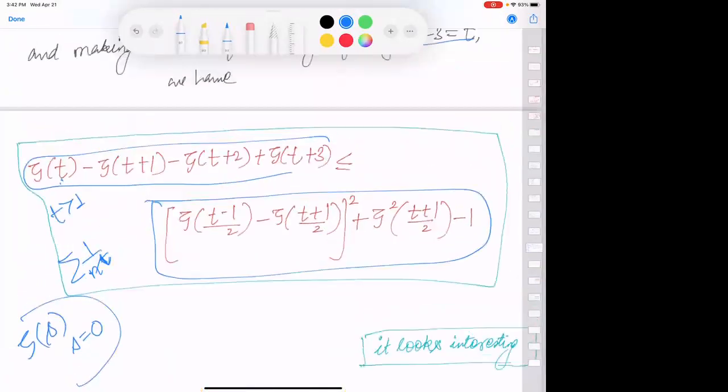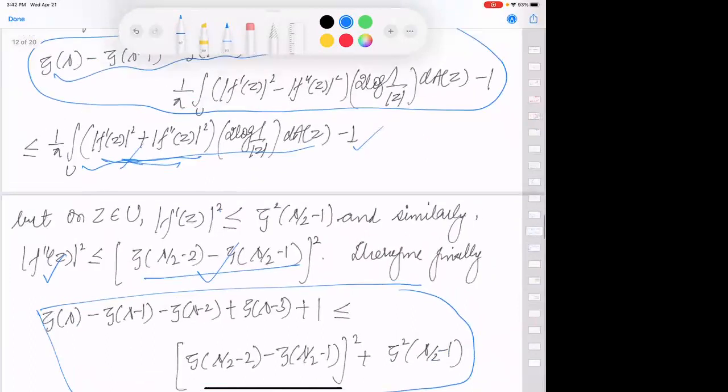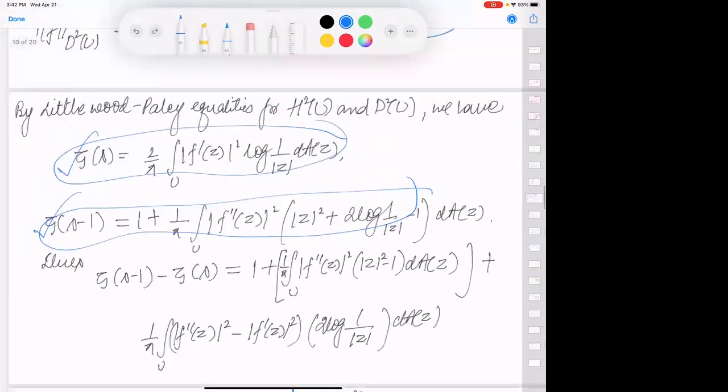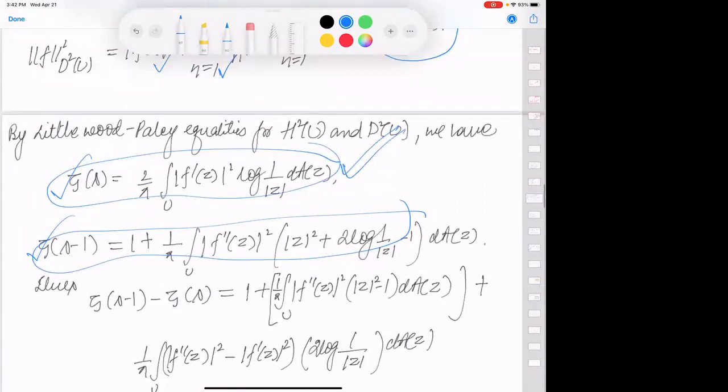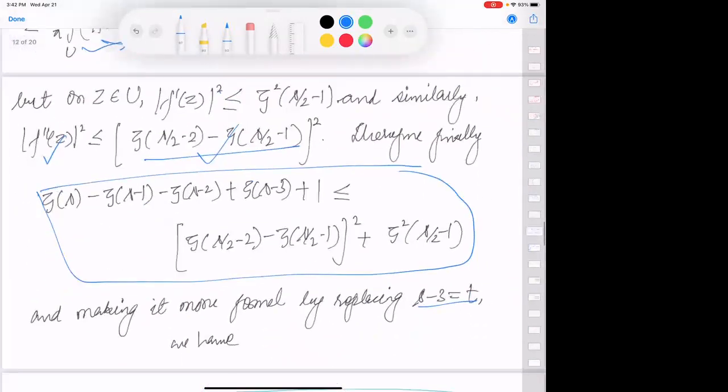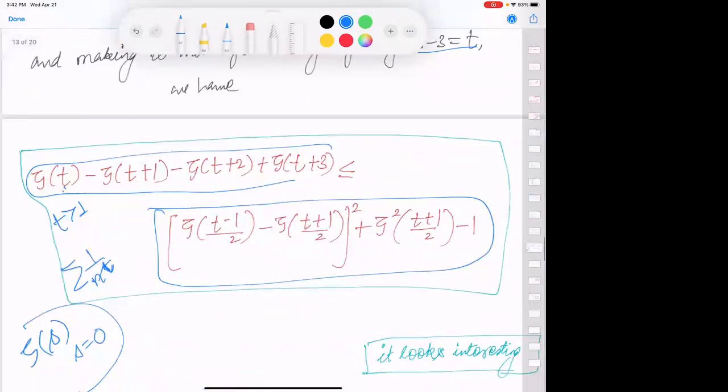And the proof is directly as I have discussed over here: if you have the Littlewood Paley equality for Hardy, and if you have the Littlewood Paley equality for Dirichlet, then you can go further and create this kind of inequality for Riemann zeta functions, involving this kind of recursive relation like t plus 1, t plus 2, t plus 3.